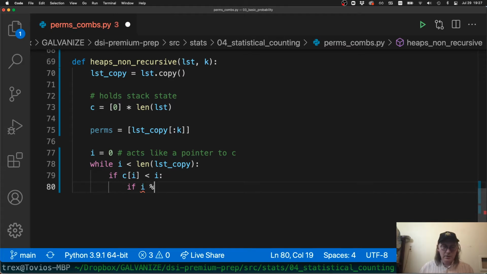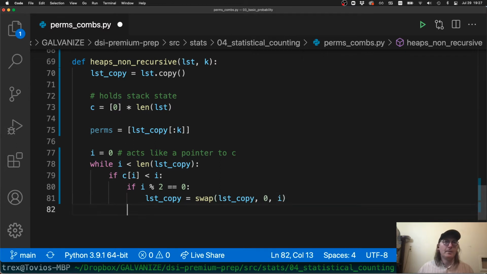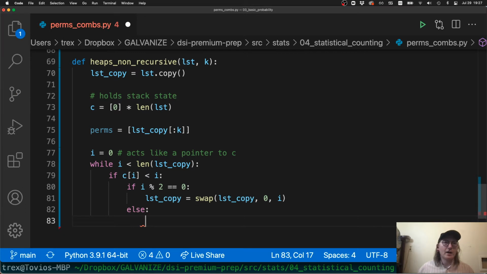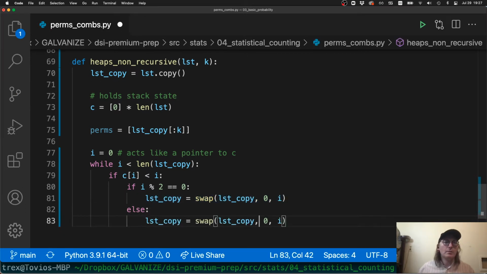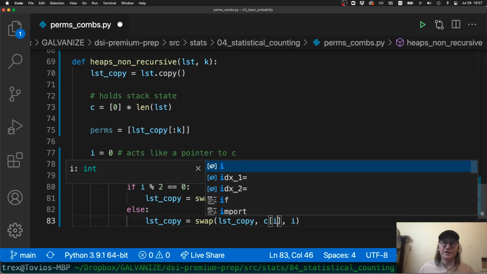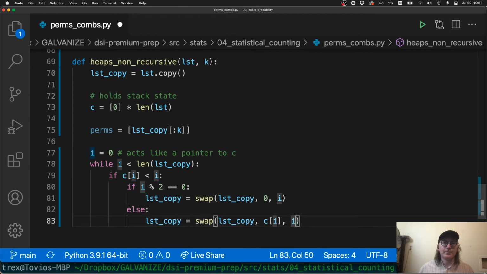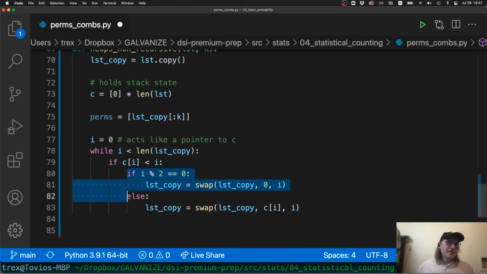We're going to check if it's the even position, and if it is, we are going to make a swap between the 0th position and the ith position, and then otherwise we're going to make a swap between the value that's stored at C sub I and the ith position. So that's actually the heavy lifting right there. It's a very elegant little thing, an elegant little move that we're making.